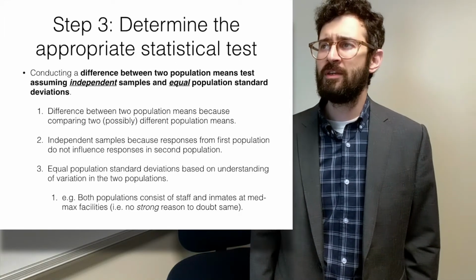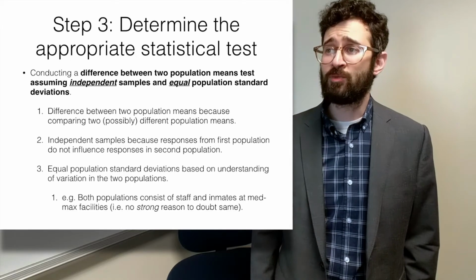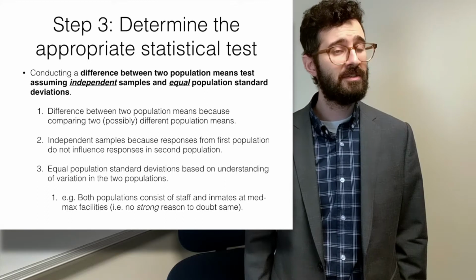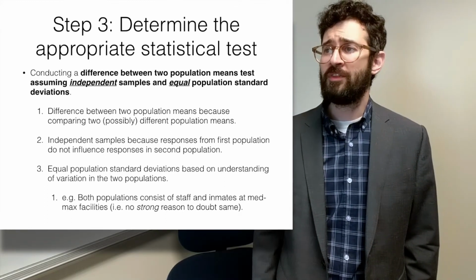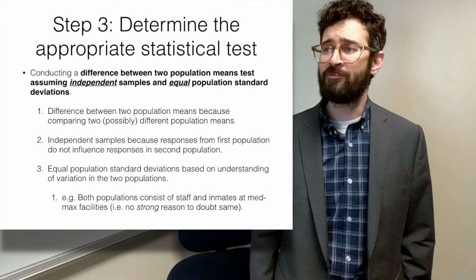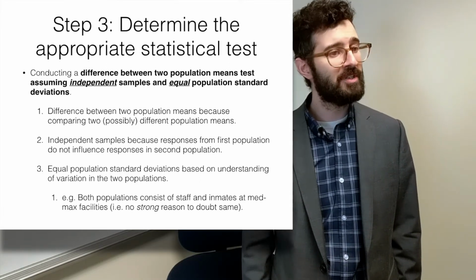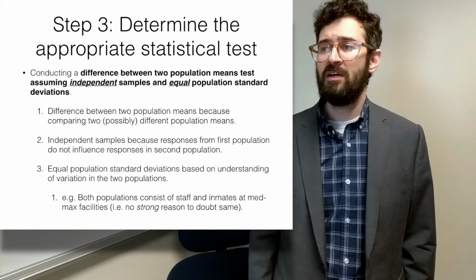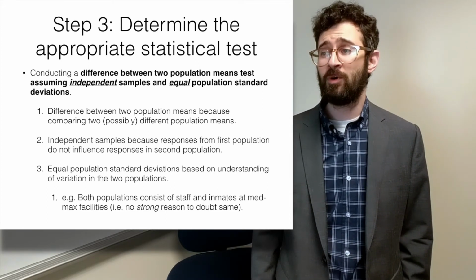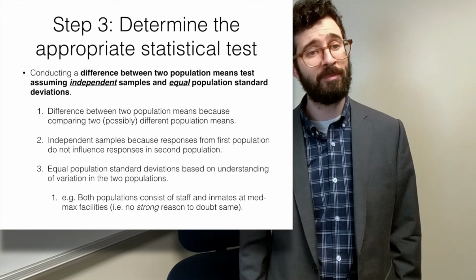So 1, we know we're conducting this test because we're looking at the differences between two population means. 2, we know that the samples are independent because the responses from the first population do not influence the responses in the second population. And for 3, we know that the population standard deviations are equal based off of our understanding of the variation in the two populations.